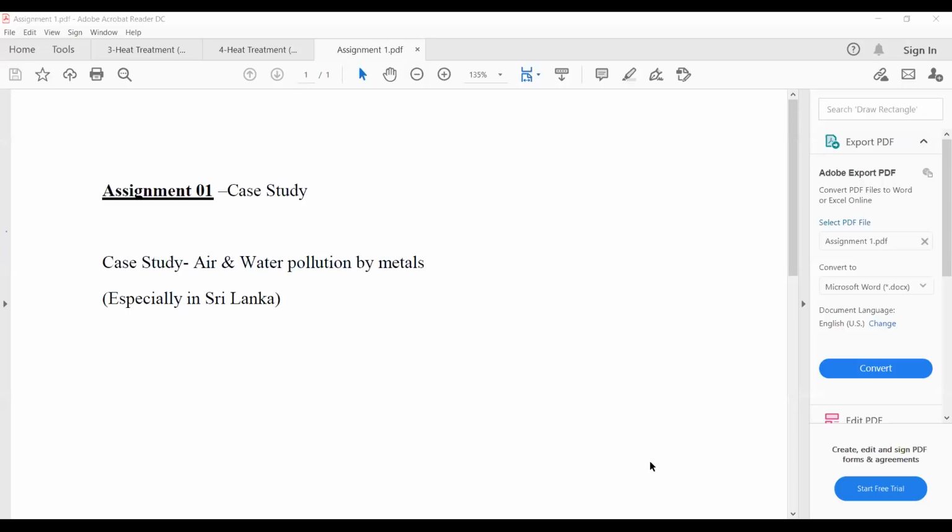This is your enrollment key. If anyone is struggling to enroll in the subject, help them or ask them to contact me.